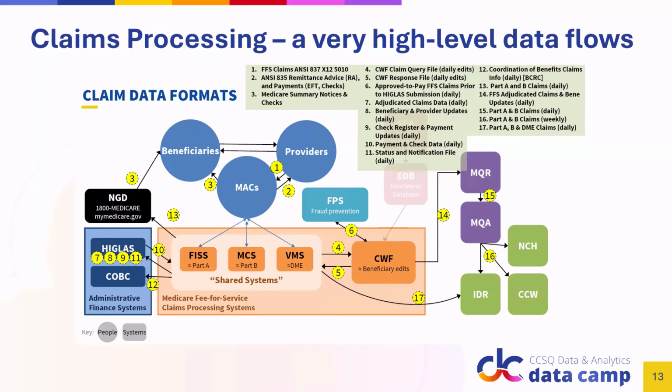And I will explain to you also why in the center you see that there is an obfuscation of EDB and SSA. These are not really claim records, but this data flow is very important because SSA sends through EDB, which stands for Enrollment Database, Beneficiary Enrollment, and Eligibility, which is being used in claim edits.